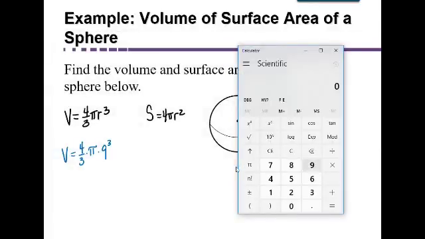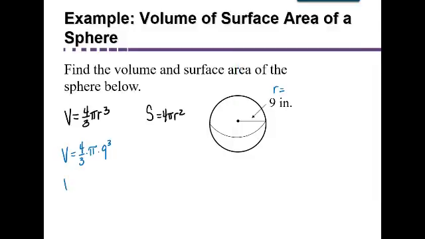You can either multiply 9 times 9 times 9, or usually most calculators have an x to the y button, so you could say 9 to the power of 3. So you get 729. So we have volume equals 4/3 times pi times 729.